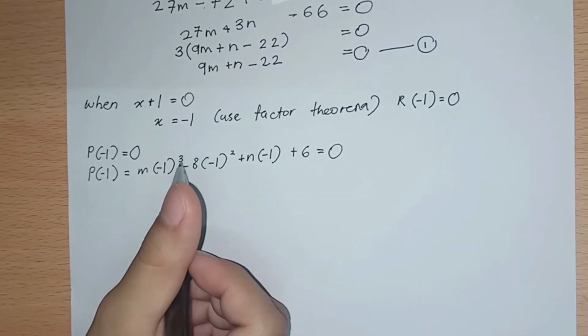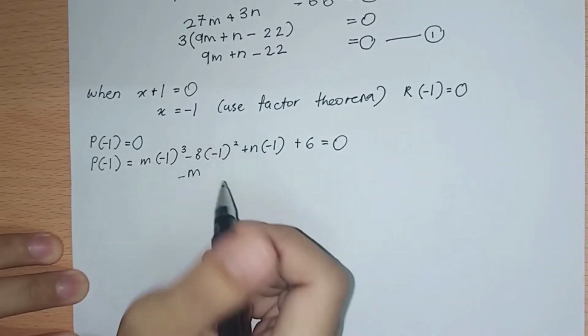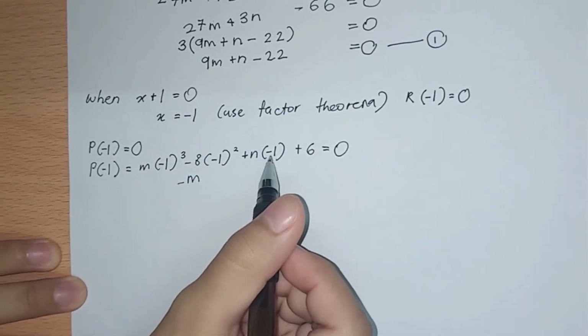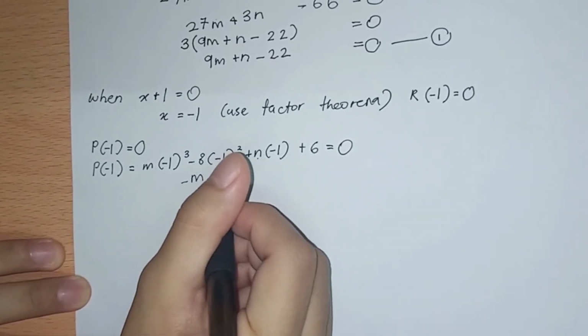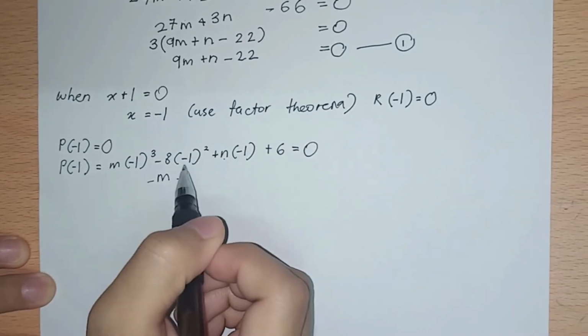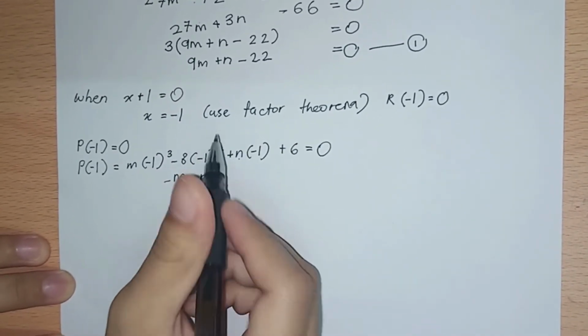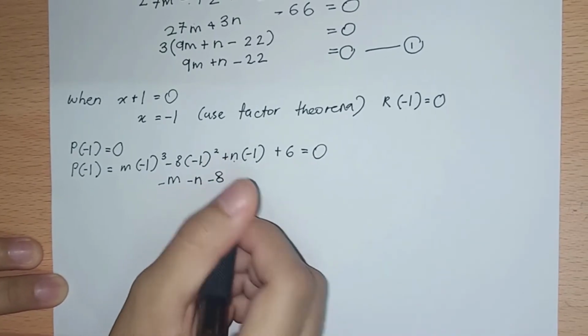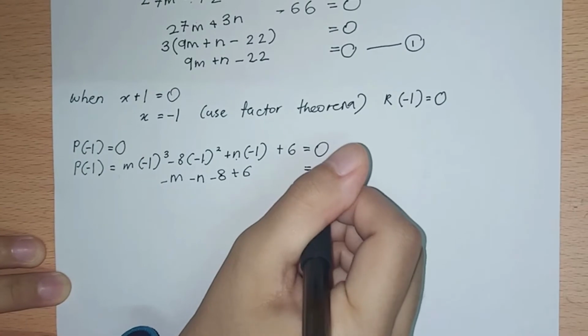So negative 1 cubed times m will be negative m. Negative 1 times n will be negative n. Negative 1 squared times negative 8, it will be negative 8 plus 6 equal to 0.